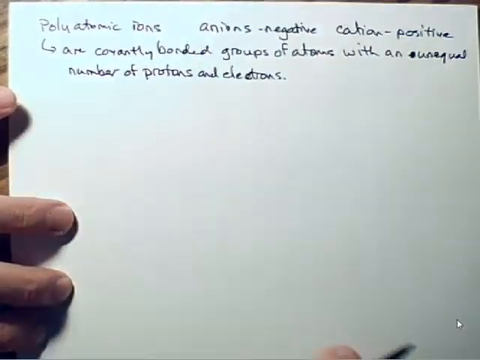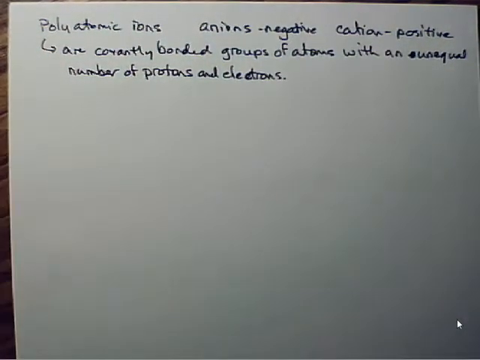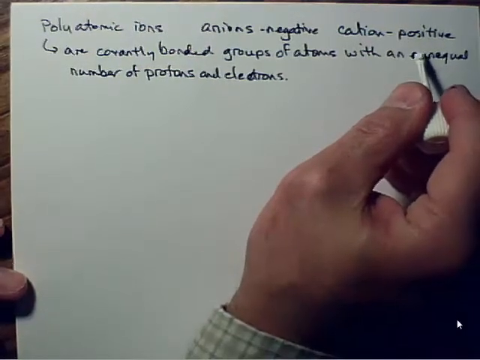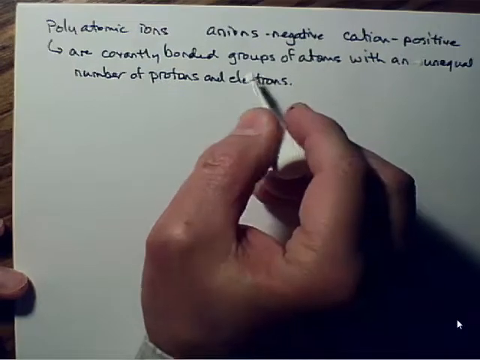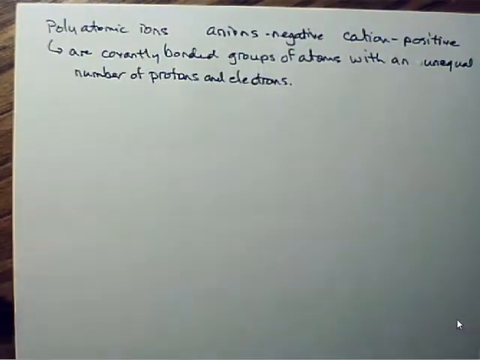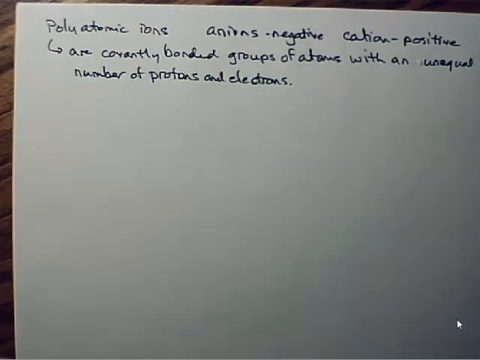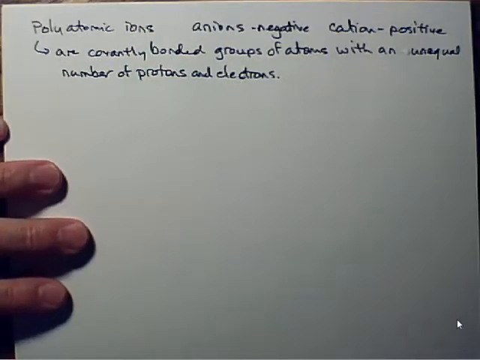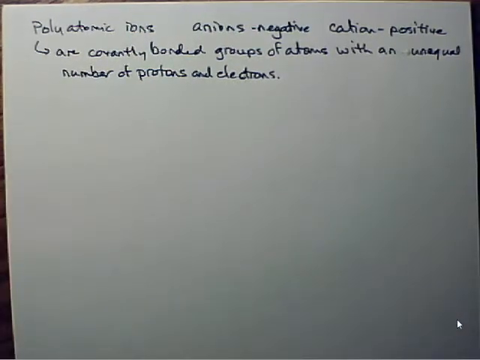And that's why they're charged, either positively or negatively. They're going to have an uneven number of protons and electrons. Okay? So we're going to deal with some very, very simple stuff to introduce you to this whole concept. We're going to start with water. Pretty simple stuff, okay?